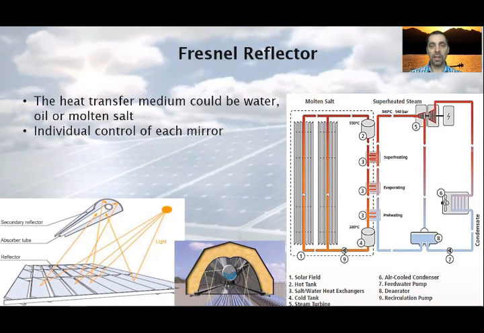There is no mechanical connection between the mirrors and the collector. Separation of the mirrors and the receiver allows high-temperature heat transfer mediums to be used, and also a much wider scope in the design of the receiver. The Fresnel system also allows individual control of each mirror, effectively changing the configuration of the reflector to optimize its function.